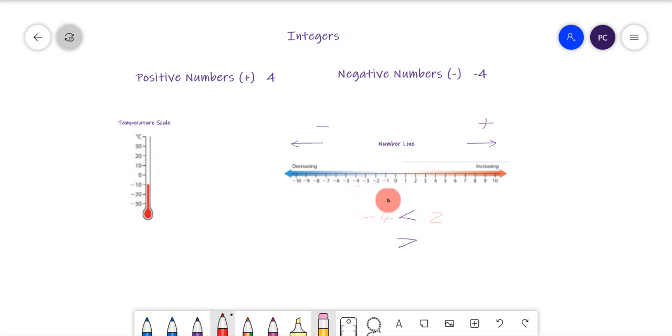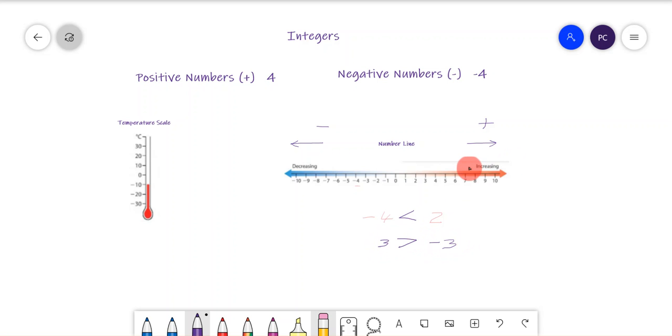So the negative integers are less than the positive integers. Another way we can put it is that the positive integers are greater than the negative integers. So you can say, for example, that 3 is greater than -3. So it's greater in value.